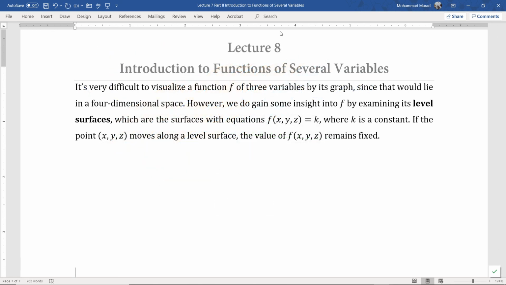It is very difficult to visualize a function f of 3 variables by its graph, since that would lie in a 4-dimensional space. However, we do gain some insight into f by examining its level surfaces, which are the surfaces with equations f of x, y, z equals k, where k is a constant.